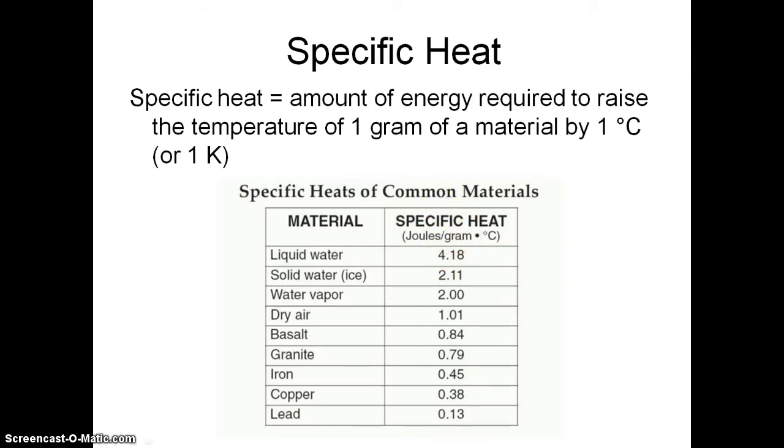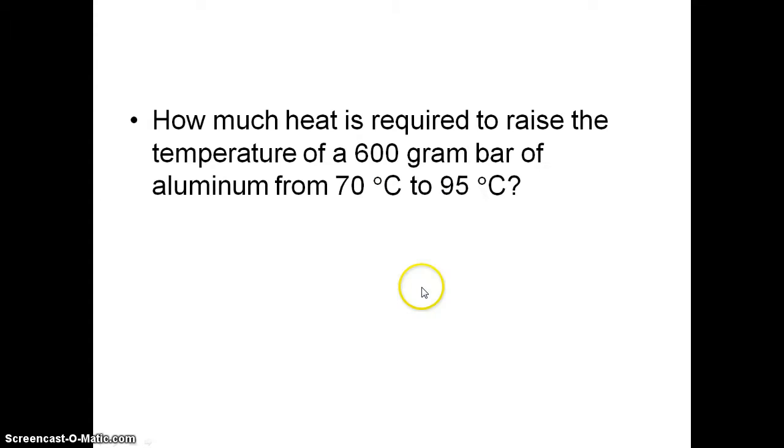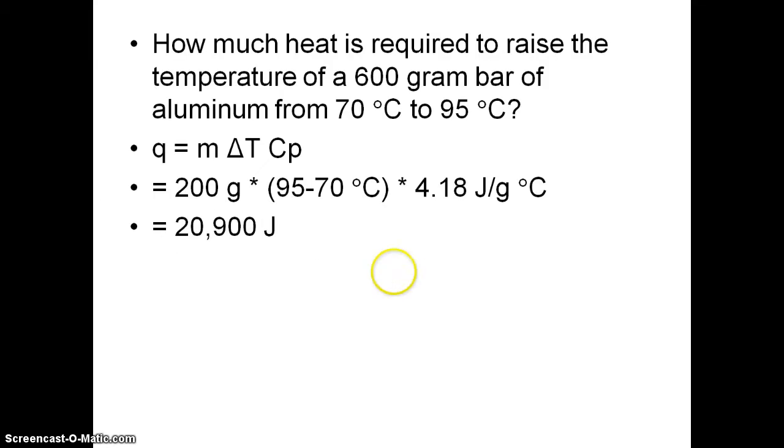So this is the C_p, the specific heat. And it takes 20,900 joules to raise the temperature of aluminum from 70 to 95.